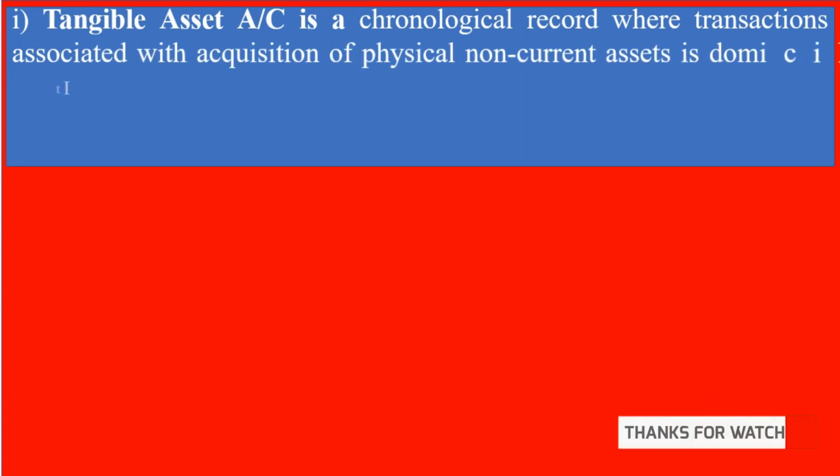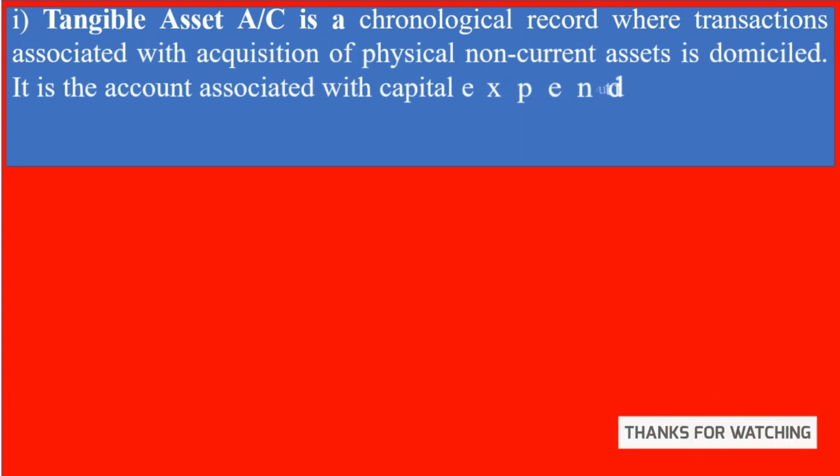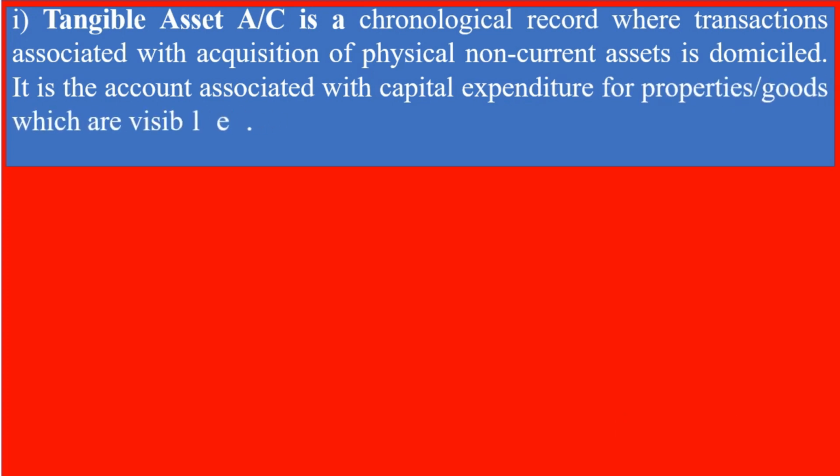How do we define this term? A tangible asset account is a chronological record where transactions associated with acquisition of physical non-current assets are kept. It is the account associated with the capital expenditure for properties or goods which are visible.